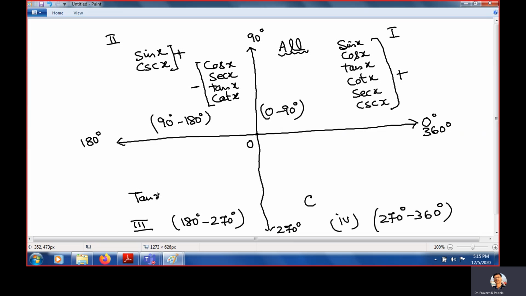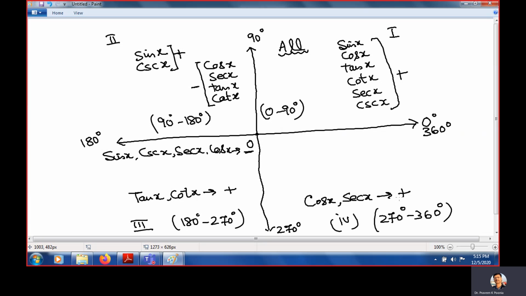Now here, tan x and cot x are positive. The rest four, sin x, cosec x, sec x and cos x, are all negative in this quadrant. And C means cos x and sec x are positive here in the fourth.